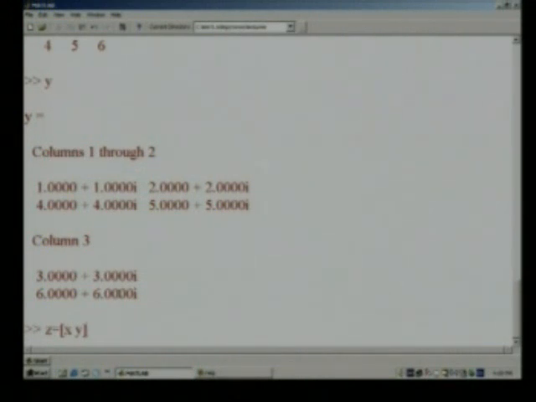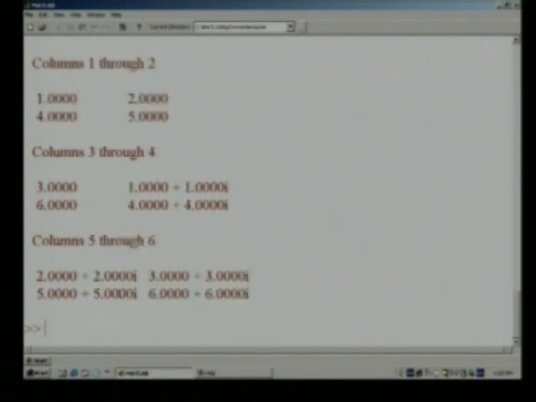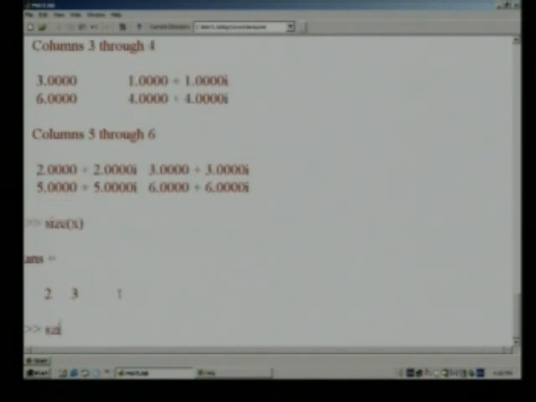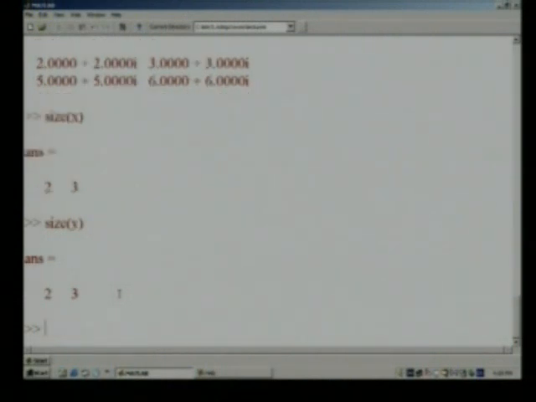So what will be the size of z? The same 3 rows, but it will have 6 columns. You can see size of x, then size of y, 2 by 3, size of z will be 2 by 6, right?